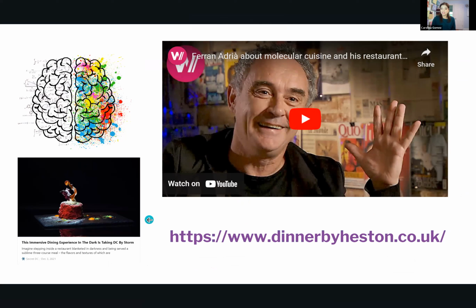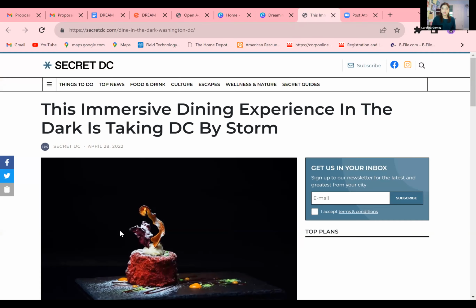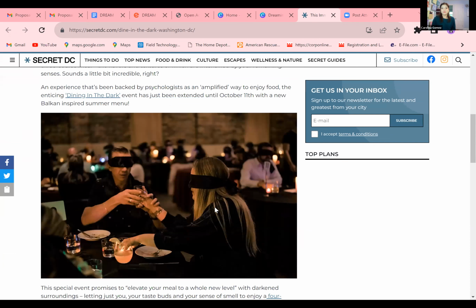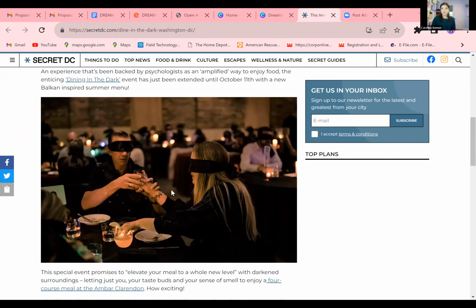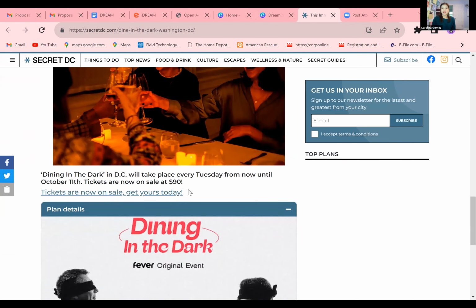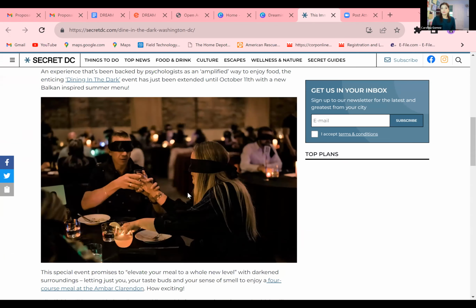There are a few different concepts I wanted to point out though with innovative menus. I don't know if you have been in the immersive dining experience in the dark. There's a new dining experience all around DC now, where you're eating food in the dark. You take your eyes away from the experience and you don't see anything.